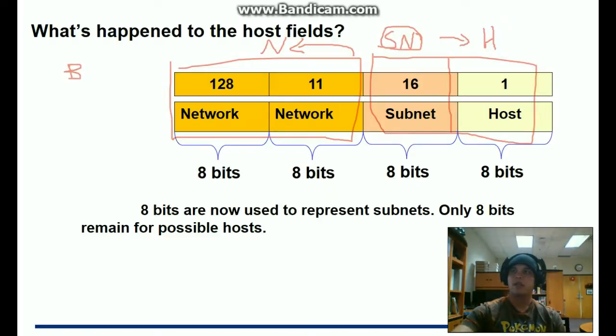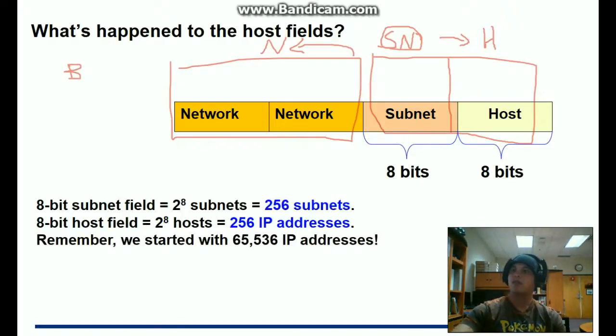All right. So 8 bits in the subnet field equals 2 to the 8th, because if we use this formula, 8 bits, you just add that to the power of 2, and that gives us 256 possible subnets. Now 8 bits in the host field will give us 256 IP addresses.